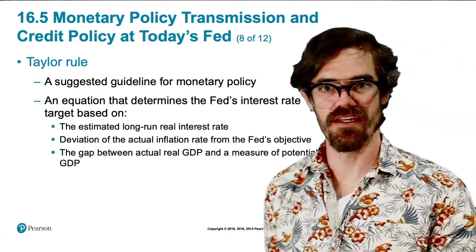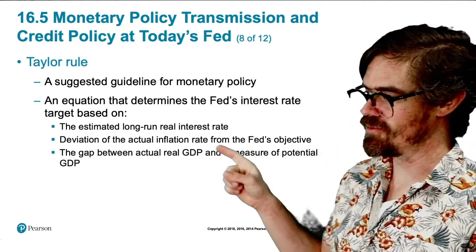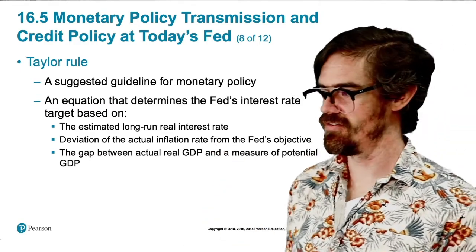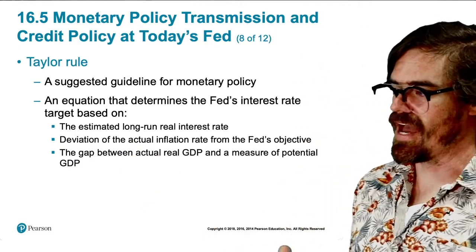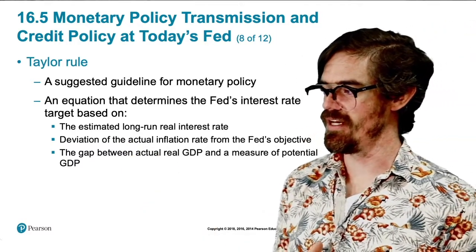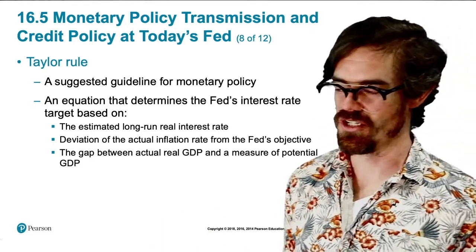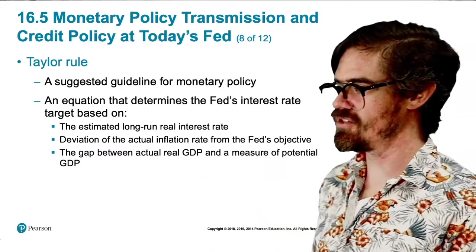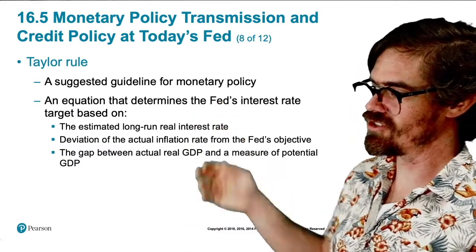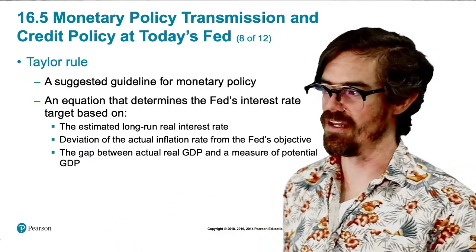So the Fed has a target for inflation, and the difference between actual inflation and their objective is the deviation. And then it's also based on the gap between actual real GDP and a measure of potential real GDP. What could we potentially achieve as an economy? So using these different measures, the Taylor Rule spits out a guideline for the Fed.